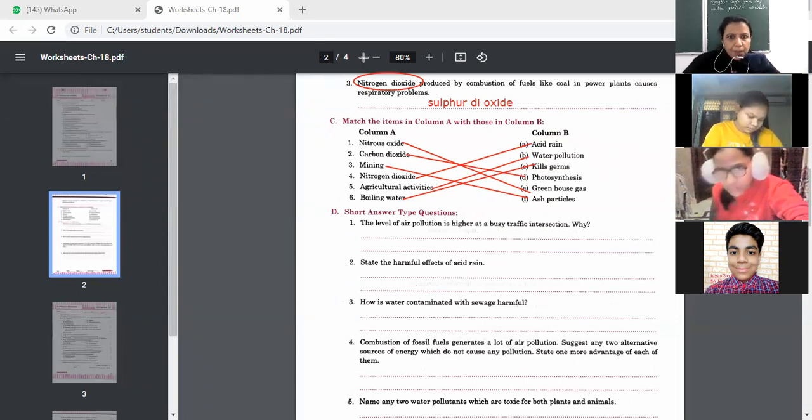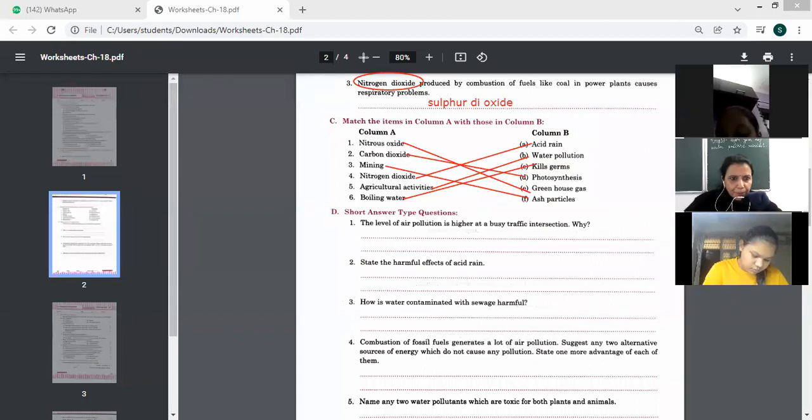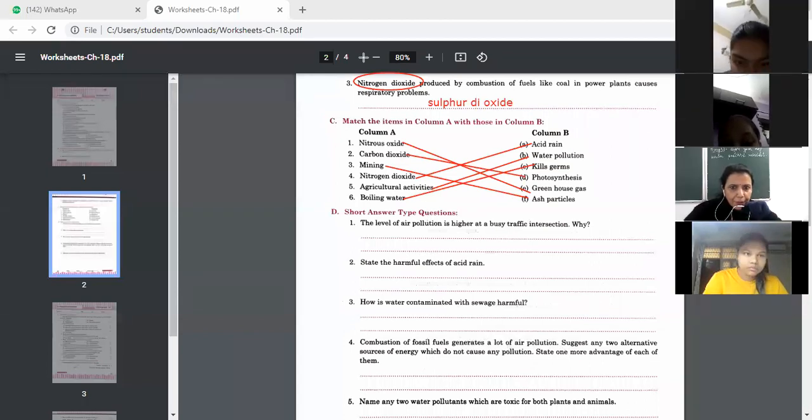Next, the level of air pollution is higher at a busy traffic intersection. What can be the reason for it? Yes, Ananya Prasad. You must have seen that wherever there is busy traffic, the pollution level is higher.